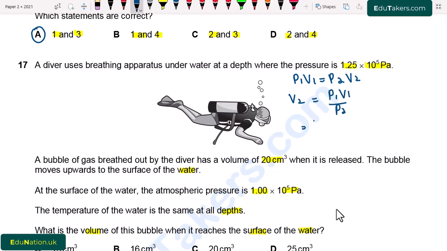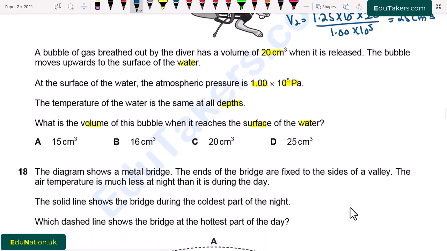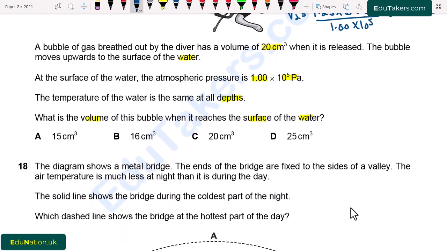So P1 is 1.25 multiplied by 10 to the power 5 and V1 is 20, divided by P2, which is 1.00 × 10 to the power 5. So this is the volume of the bubble and its value comes to be 25 cubic centimeter. So from here option D is correct.